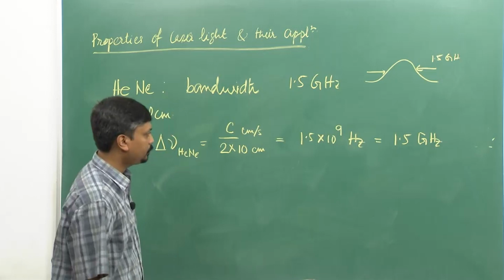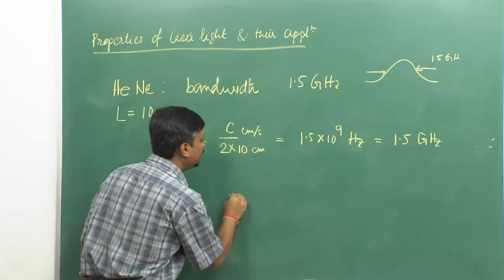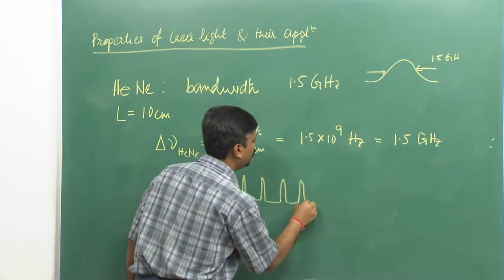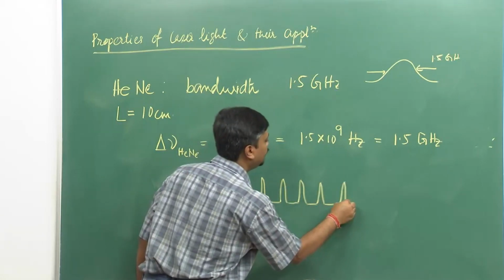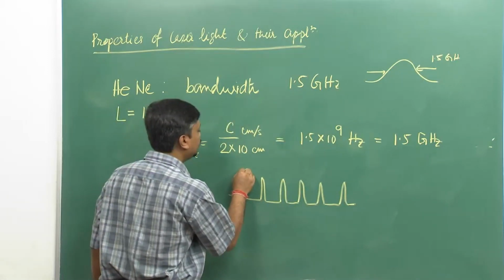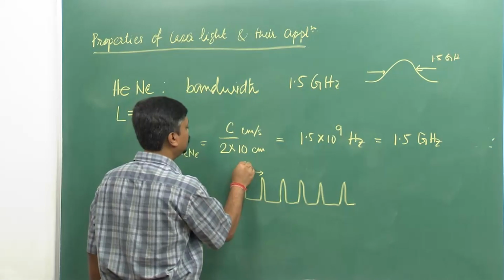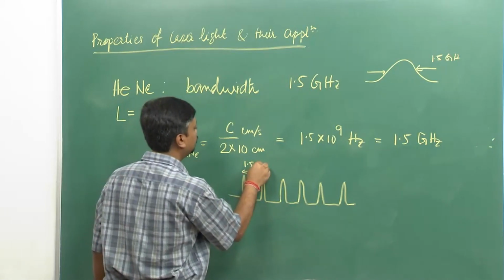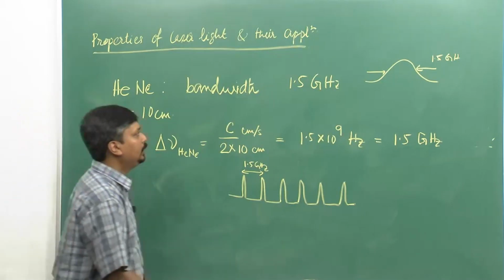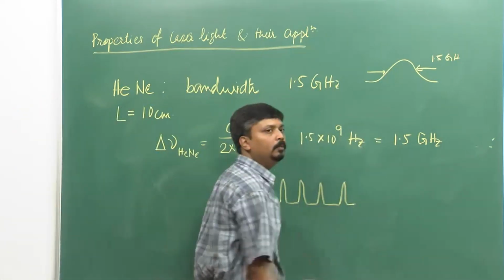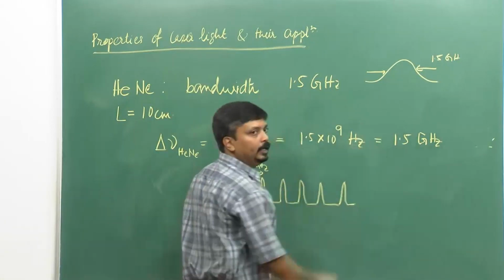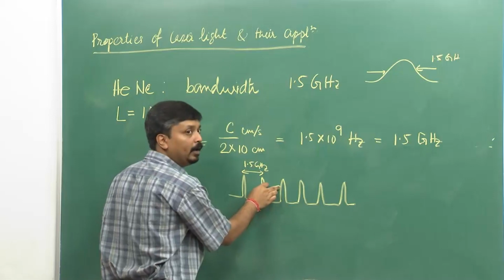Perfect. So essentially what does that mean? That if several modes are possible, I can keep going in both directions. So this gap is 1.5 gigahertz, right? Now once I figured this out, I can tell you how many will be there. The bandwidth is 1.5 gigahertz, and this gap is also 1.5 gigahertz.